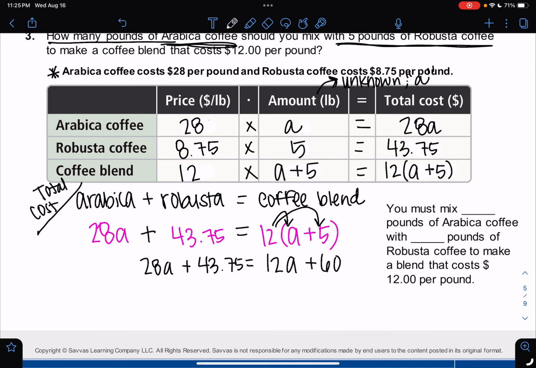The next thing I would do is go ahead and move my variable terms to the left by subtracting 12A on both sides. Okay, it's going to cancel out on the right side, and I'm going to drop down my 43.75 and my 60.